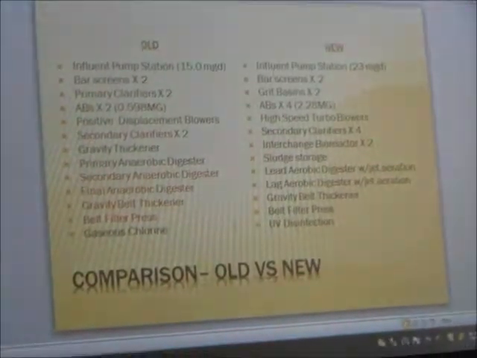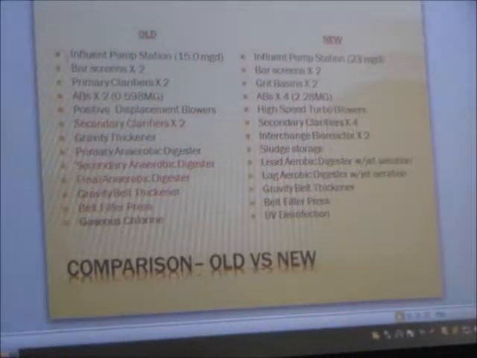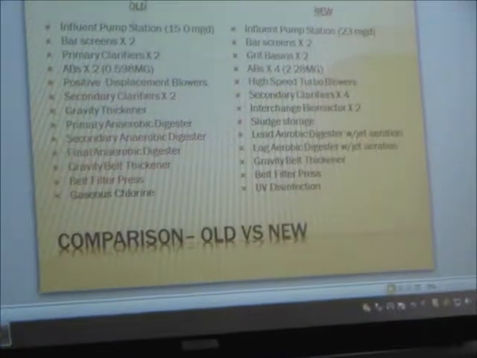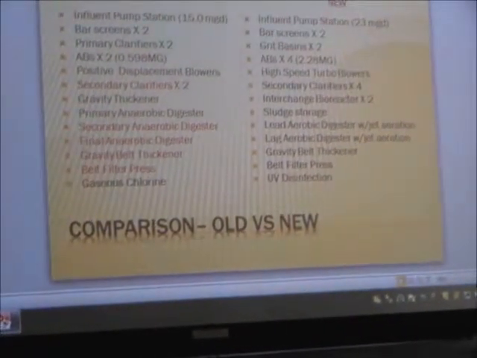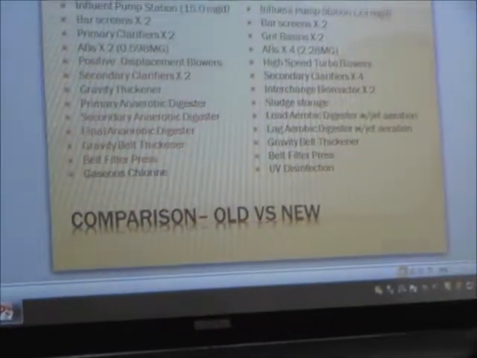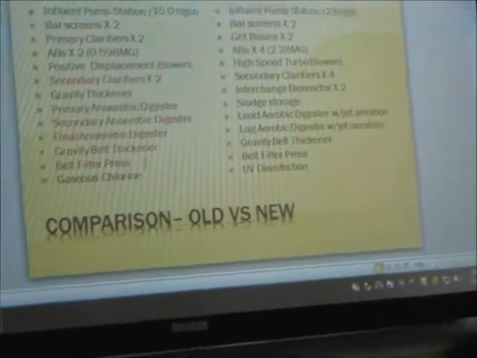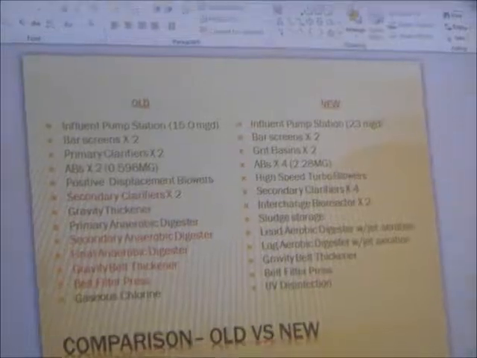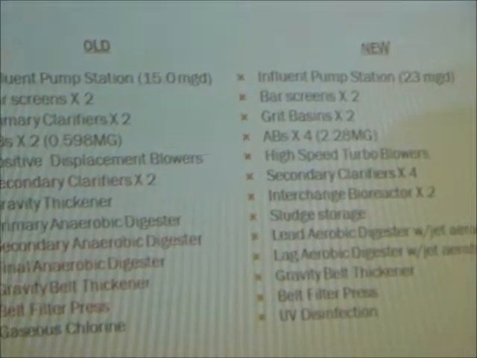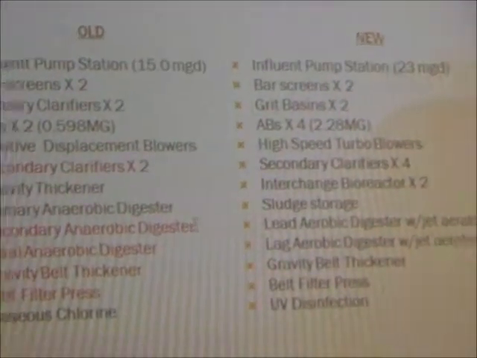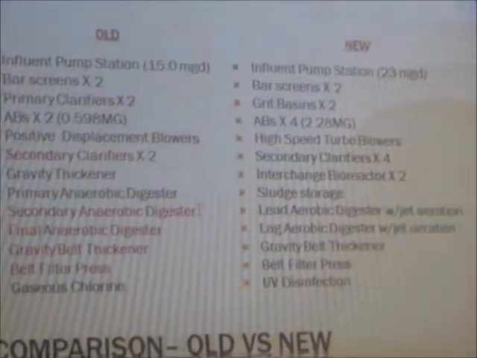So all the black stuff in this column is stuff that's been replaced or mothballed. The red stuff is the stuff that we're still using. We're still using the anaerobic digester, but that is going to be taken out of commission as soon as we can use the aerobic digester.